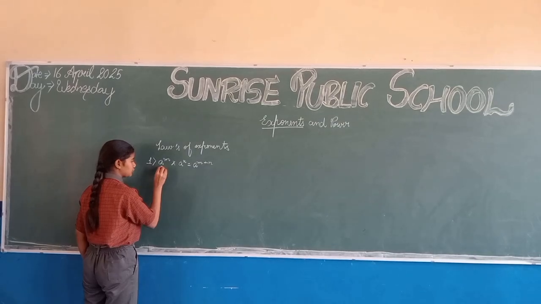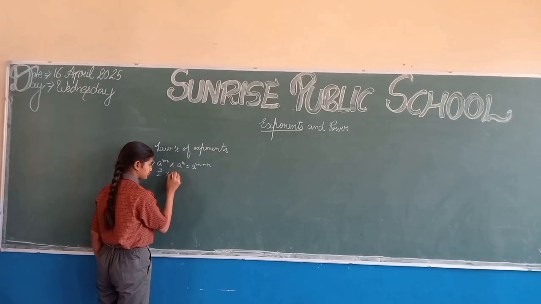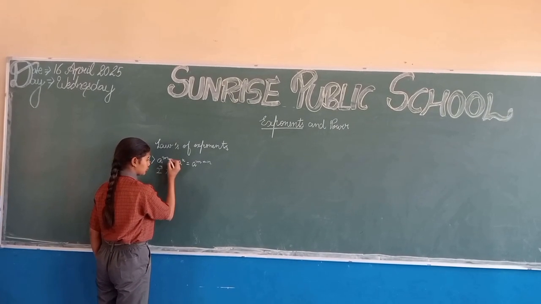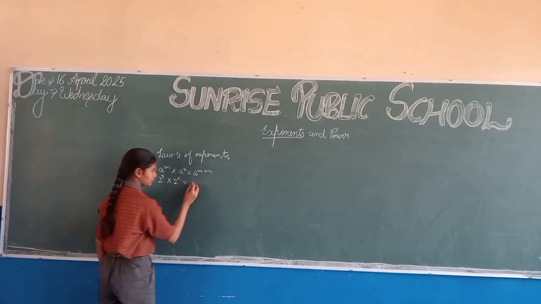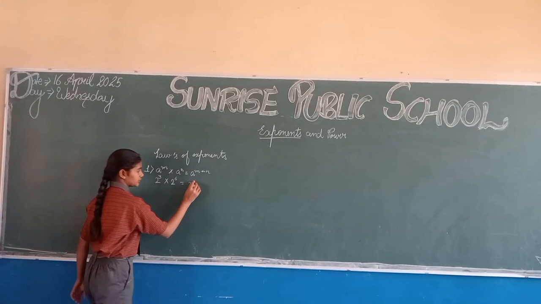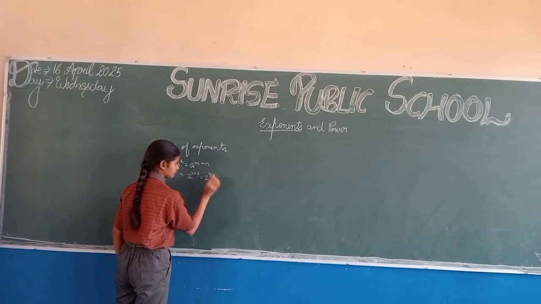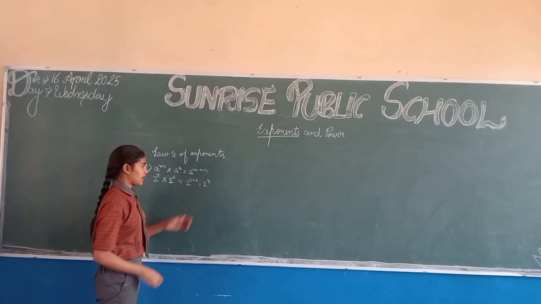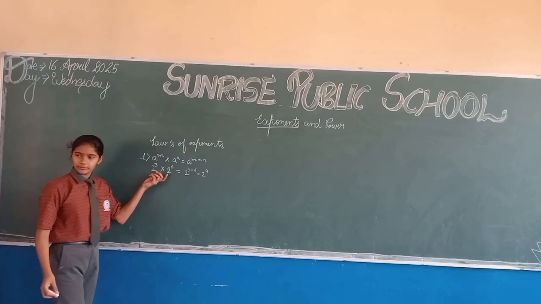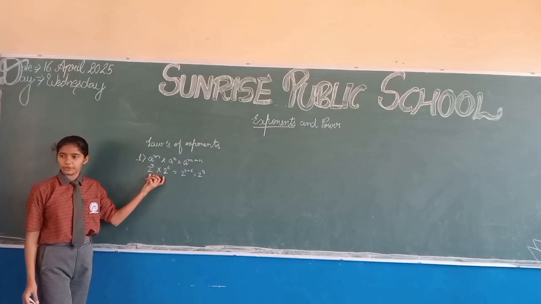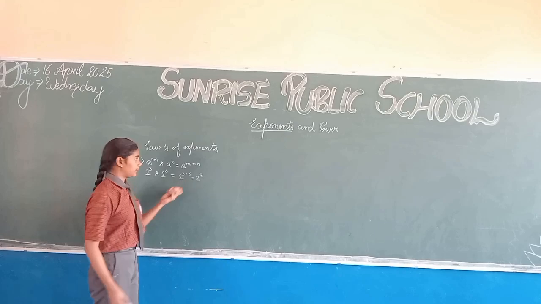For example, 2 raised to power 3 multiplied by 2 raised to power 6 is equal to 2 raised to power 3 plus 6, which is equal to 2 raised to power 9. Here the base 2 is common in both. So if there is multiplication and the base is common, then we will add the powers.